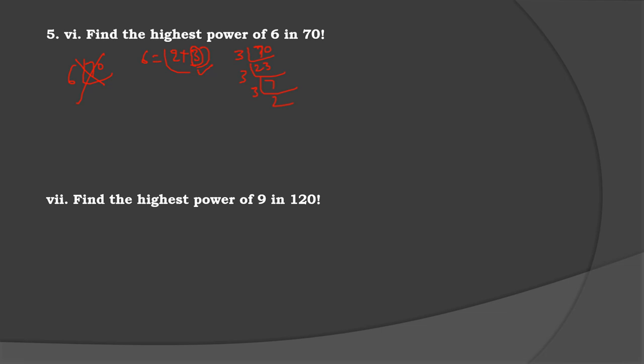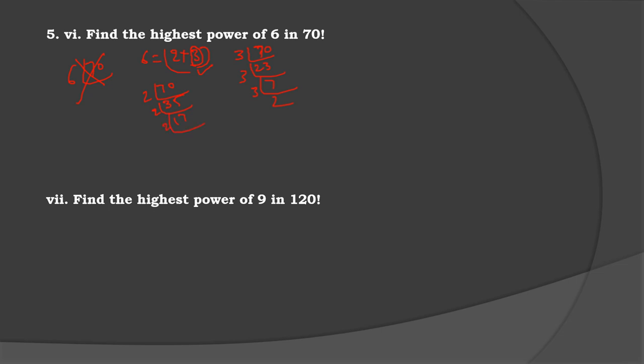In the same way, for the number of 2's, how many 2's do we have in 70? 35 times. Again 2: 17 times, 34.